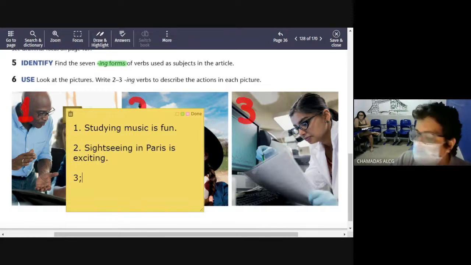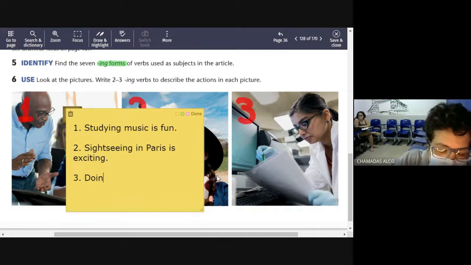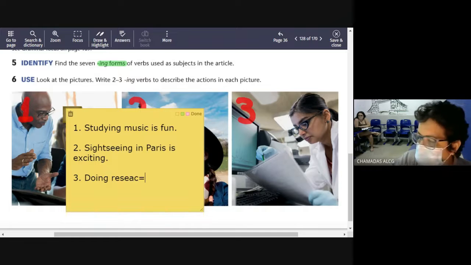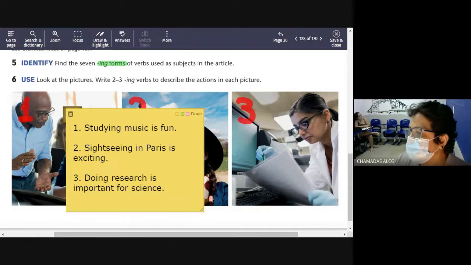Yes, really. Number 3. What can you say about doing research? Researching is important. Doing research. Yes. Doing research is important for science. We can complement like this, okay?